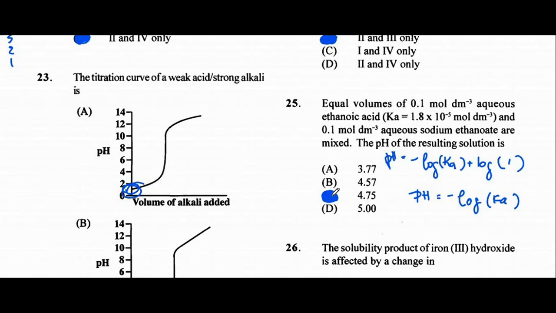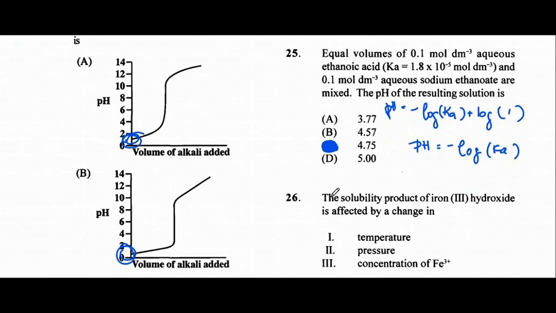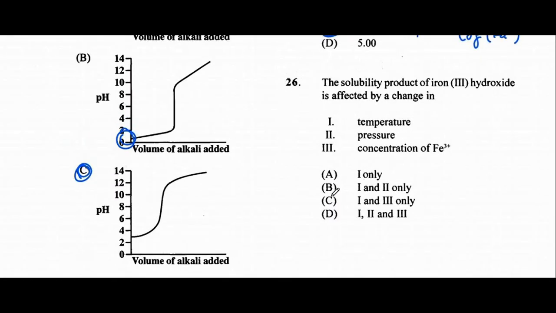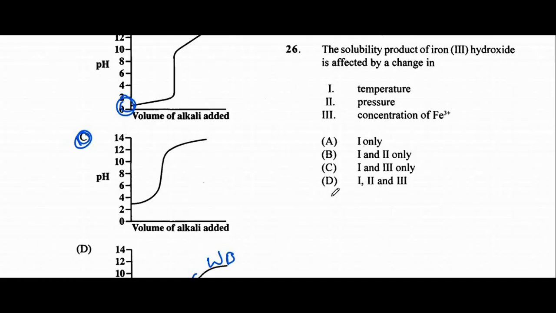Alright, let's go down to 26. The solubility product of iron 3 hydroxide is affected by a change in both temperature and the concentration of the Fe3 plus ions. If it were a gas, then pressure would affect it. So 1 and 3, 26C.